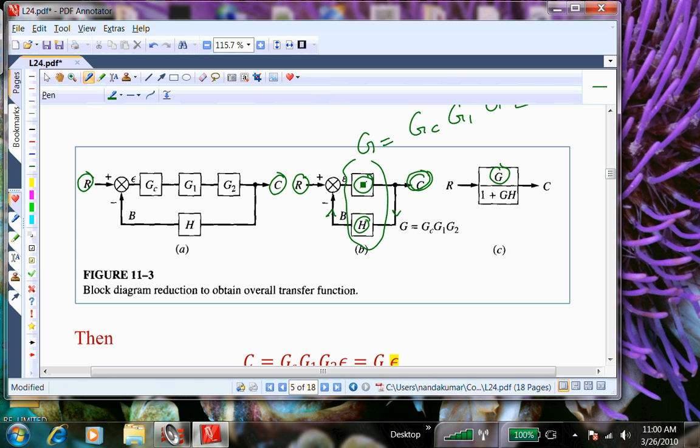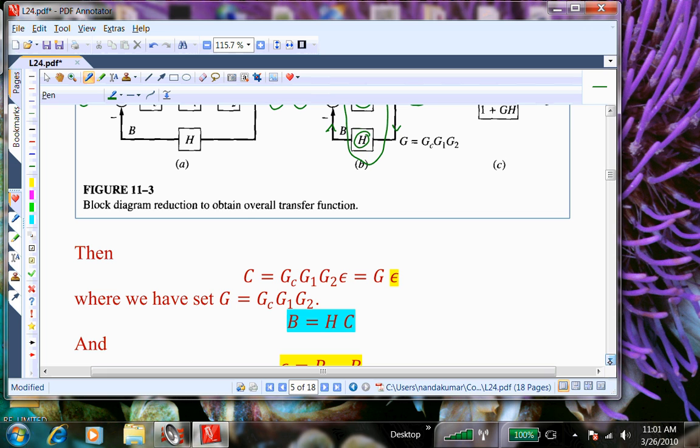If it is a negative feedback, this will be plus. If it is a positive feedback, this will be negative, 1 minus GH. And if you don't remember that, if you're in doubt, always follow this algebraic procedure.